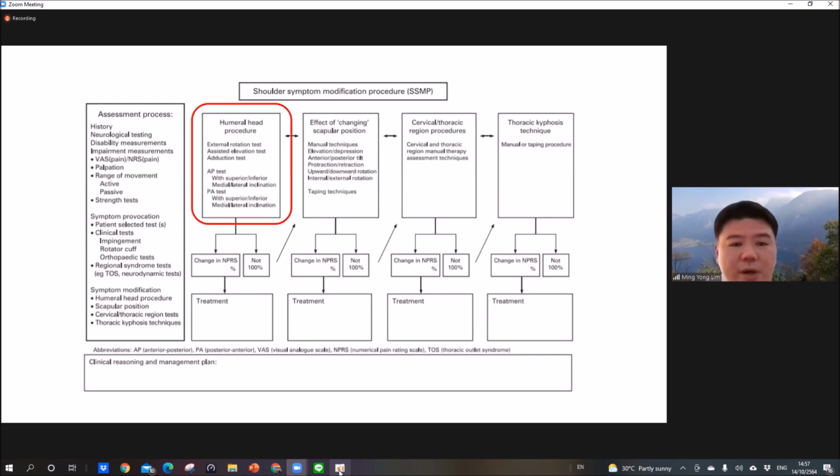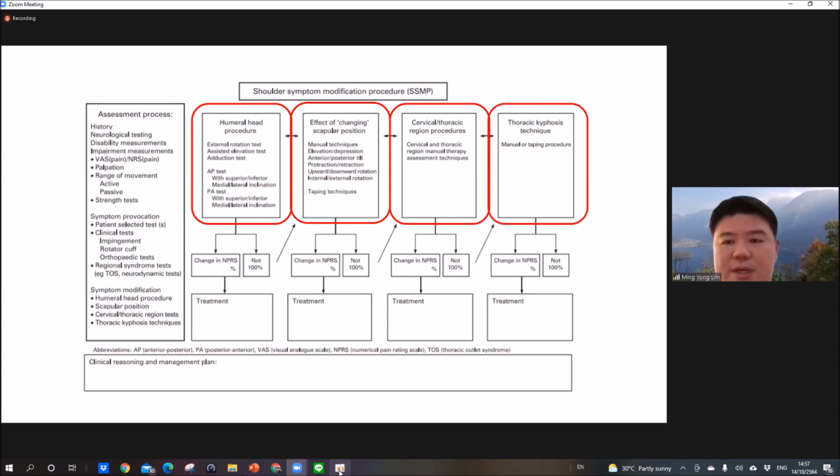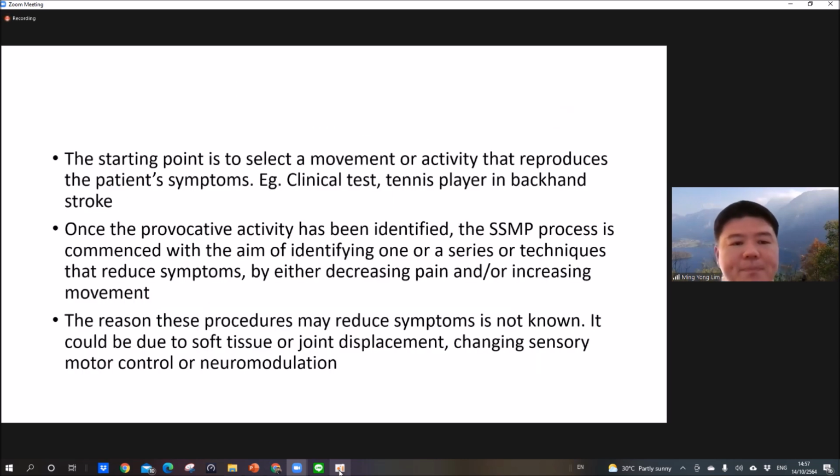There are 4 procedures: humeral head procedure, changing scapular position, cervical thoracic region procedure, and thoracic kyphosis technique. They test each procedure and find out what the cause is. Whichever procedure alleviates or reduces the pain will be integrated into the rehab program.